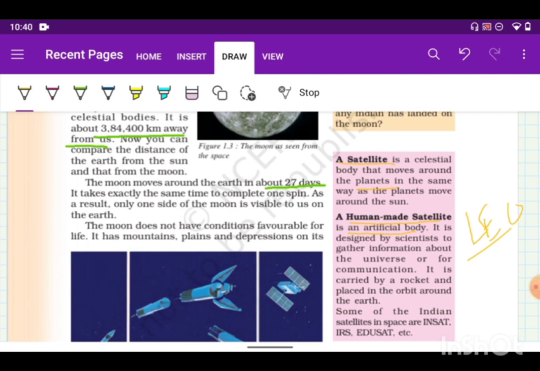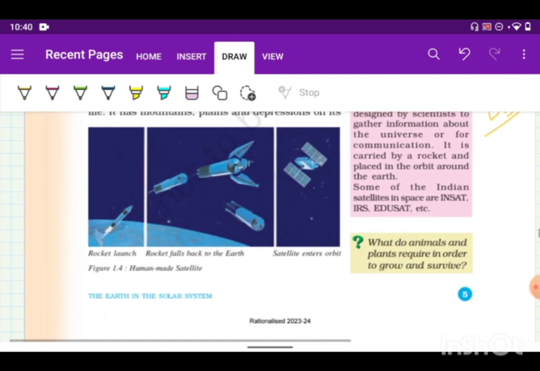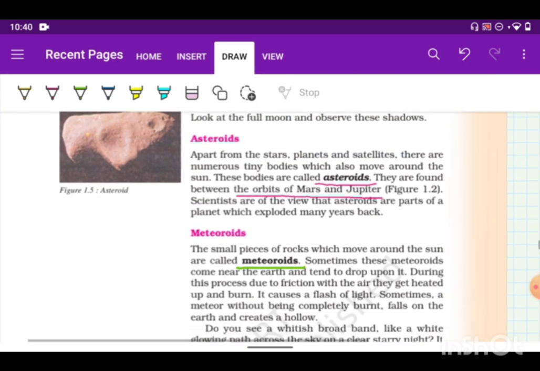Next, asteroids. As I said, between the rocky planets and the gaseous planets, there is a belt of rocks. That is called the asteroid belt. These bodies move around the sun just like other planets and satellites. Suppose there is the planet Mars.